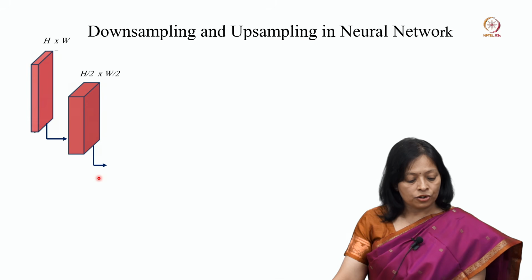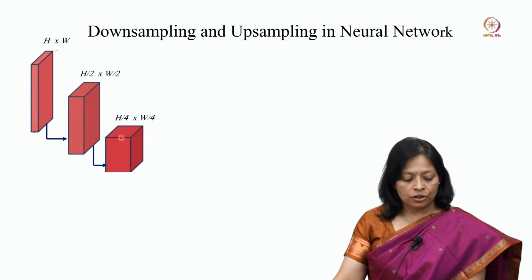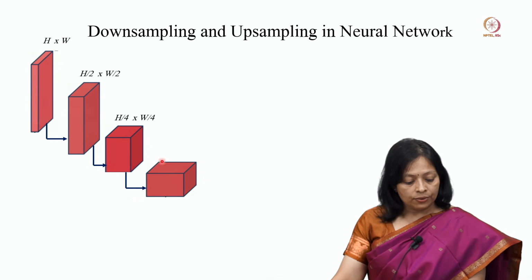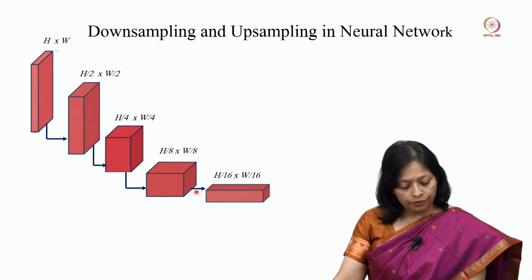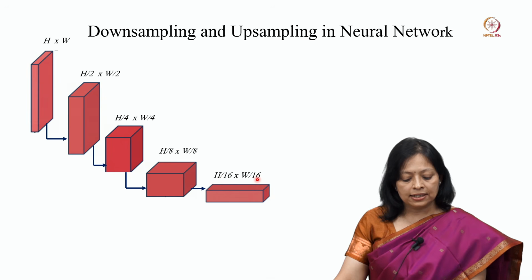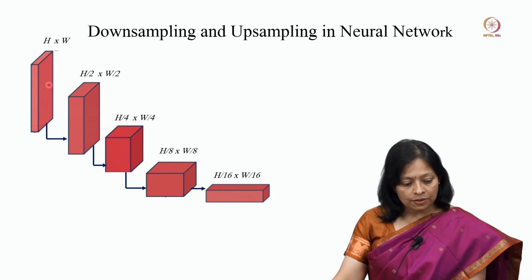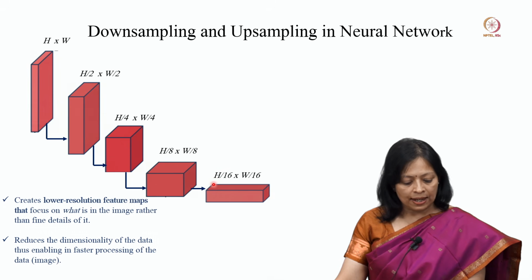Again, some operation happens for which the spatial dimensions reduce to half again. If we continue, this block will have h by 8 into w by 8, and once more we reduce the spatial dimension to h by 16 into w by 16. Now, this process is called downsampling.